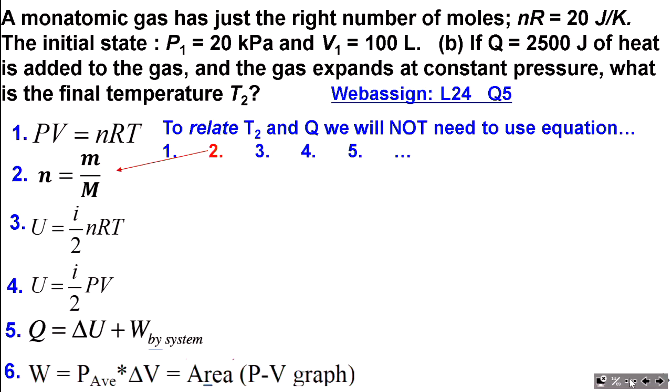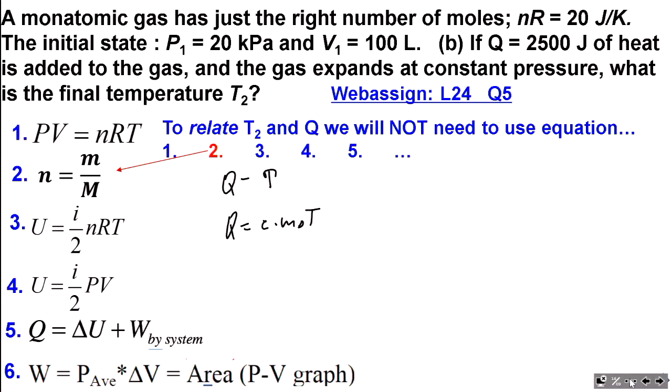We know that the amount of heat and temperature are related, and the relationship we used to use looks like this. However, again, it's not useful. It's not even on the list right now because we don't know properties of this particular gas.